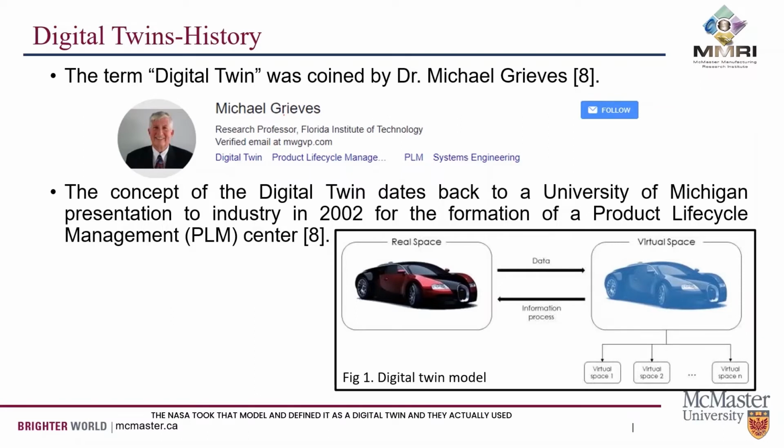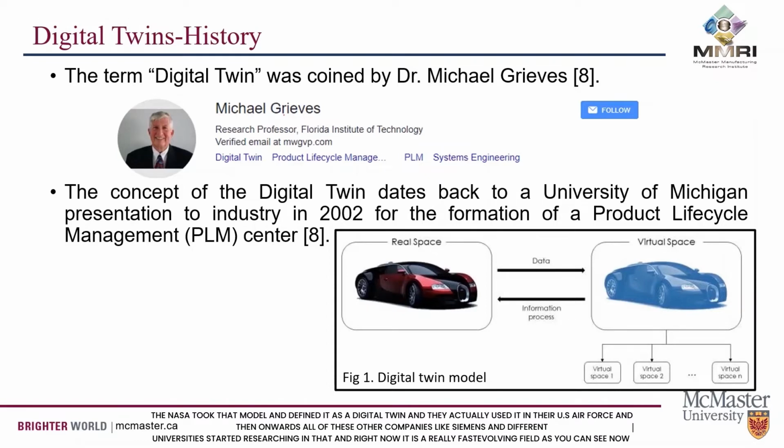They used it in the US Air Force, and then other companies like Siemens and different universities started researching it. And right now it is a really fast evolving field, as you can see.